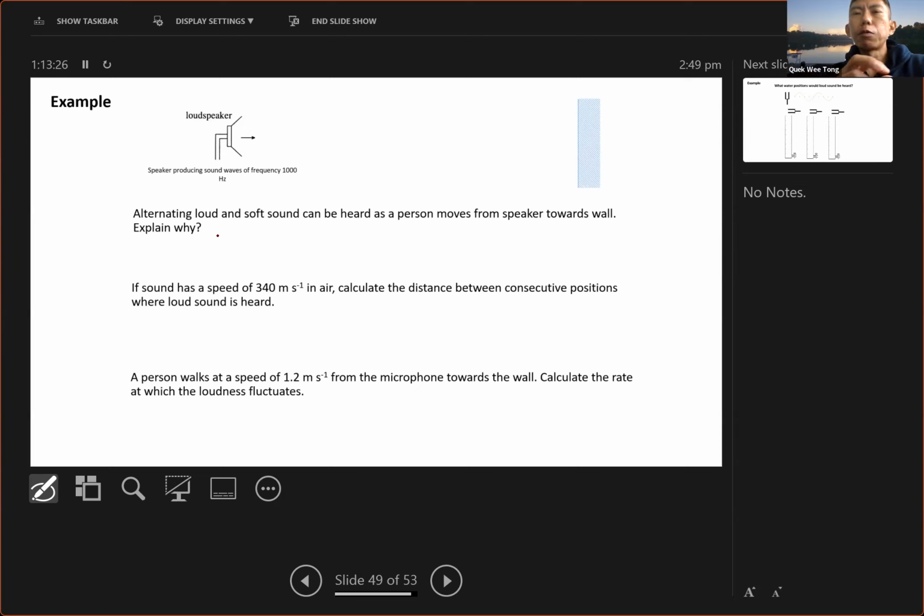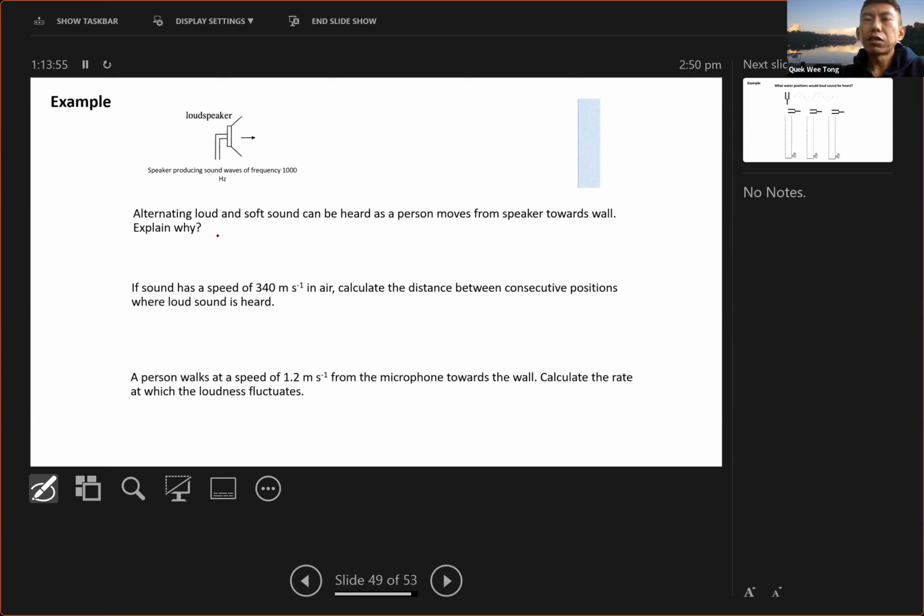As a person moves towards the wall, there will be a wave coming directly from the loudspeaker, moving towards him from one direction, and there will be a reflected wave off the wall coming towards him in the opposite direction. So that's number one: you account for the fact that there are two waves moving in opposite directions.